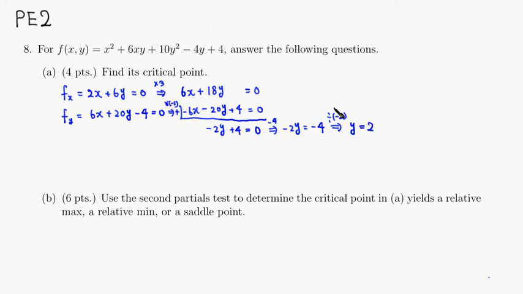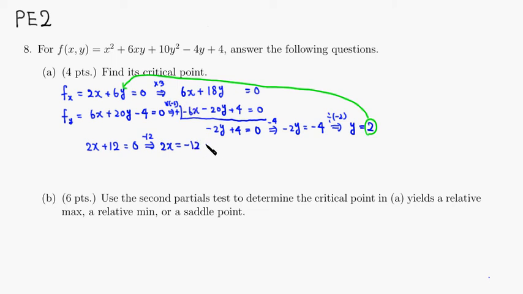Once you know that y equals 2, we can plug that into the easiest equation, so I will plug it into the first one. You get 2x, and 6 times 2 would be 12, is equal to 0. Subtract 12 from both sides, you get 2x is equal to negative 12.